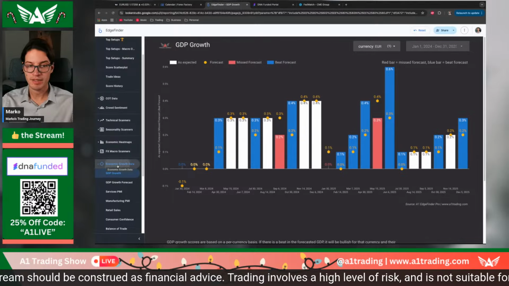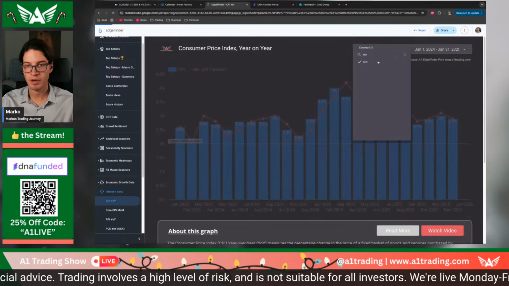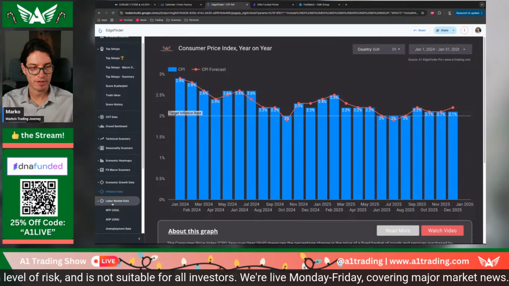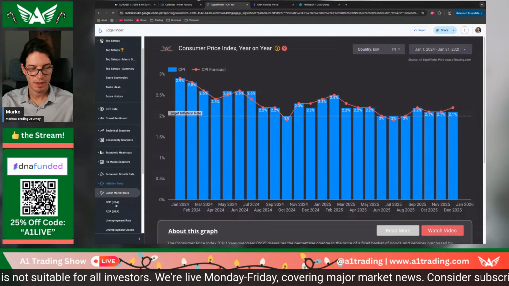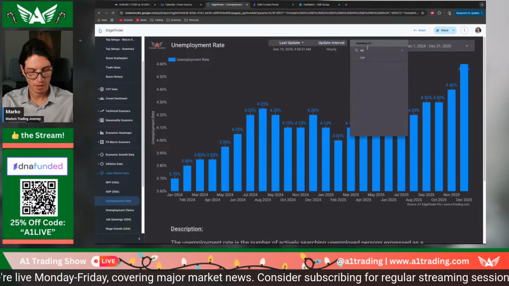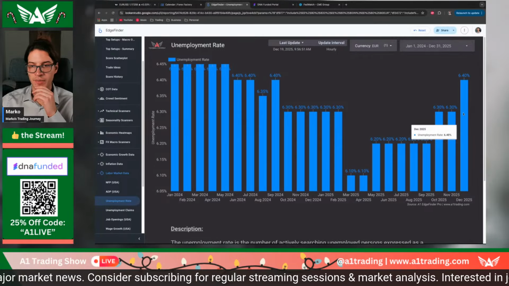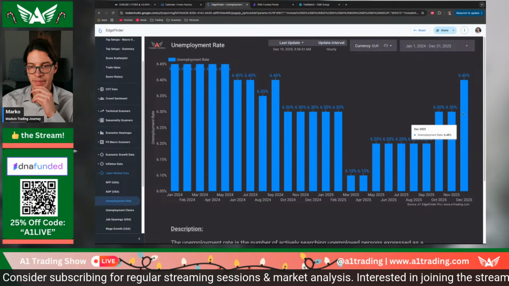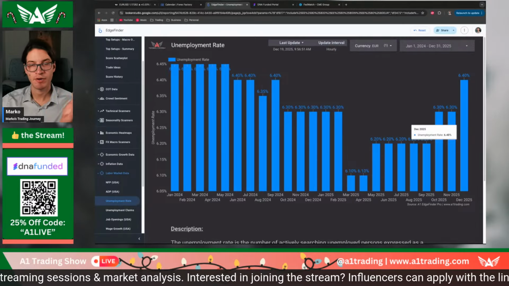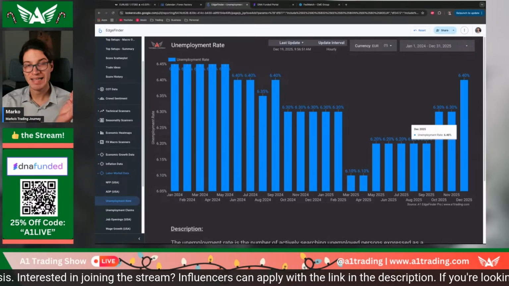Positive GDP, that's good. Inflation. I think inflation is doing okay. Yeah, it's around 2%. It's not bad. Then you have the unemployment rate. Rising unemployment. So the unemployment is definitely rising, which is not the best scenario. But if you compare this economy to the US, there's no massive edge.